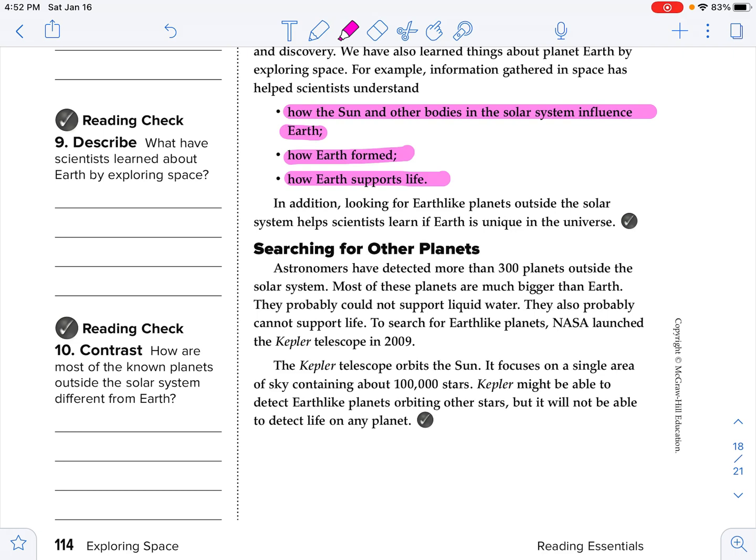The Kepler telescope orbits the sun. It focuses on a single area of the sky containing about 100,000 stars. Kepler might be able to detect Earth-like planets orbiting other stars, but it will not be able to detect life on any planet.